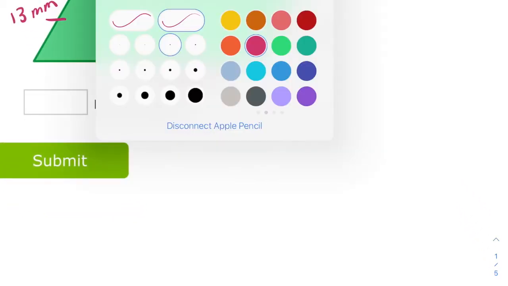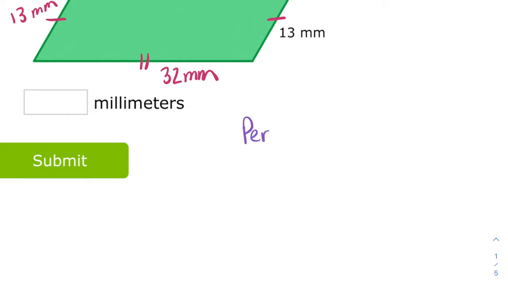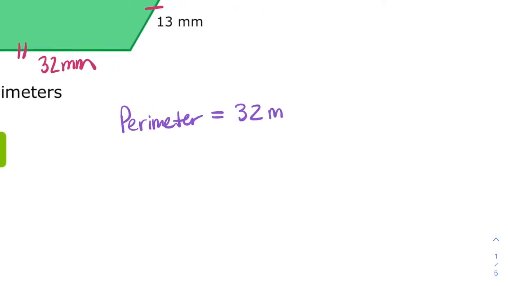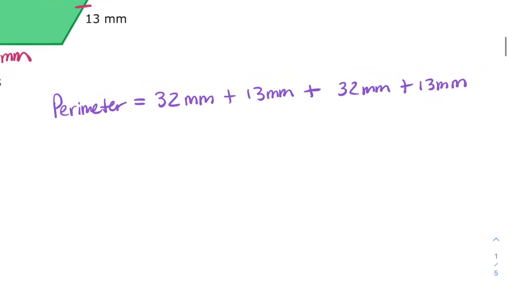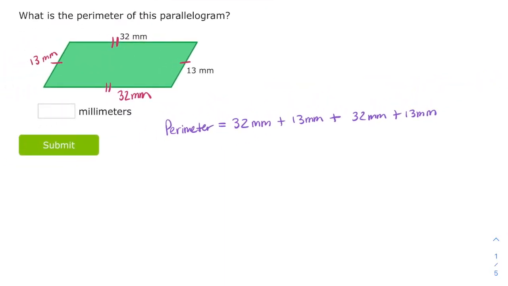So perimeter equals 32 millimeters plus 13 millimeters plus 32 millimeters plus 13 millimeters. So we're going to add them all together. So 30, 60, 70, 80, 85, 90.